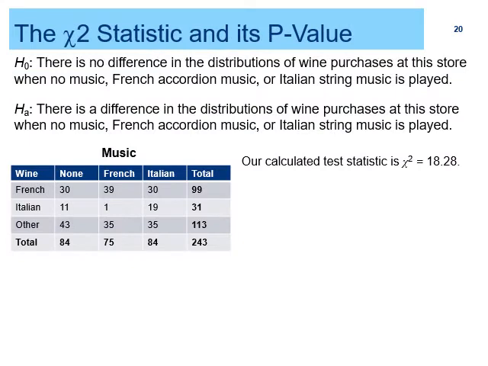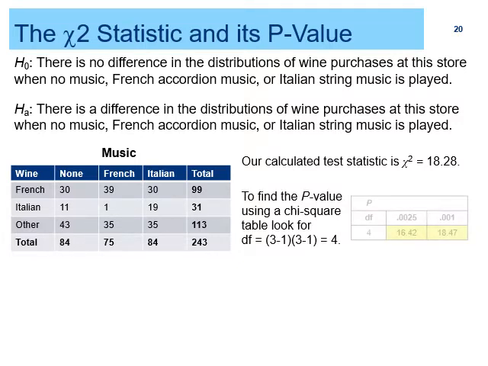Now our null hypothesis is that there is no difference in the distribution of wine purchases at this store when no music, French accordion music or Italian string music is played, whereas the alternative is that there is a difference. Our chi-square is 18.28 and our degree of freedom is 4. For the p-value, we look between 16.42 and 18.47.